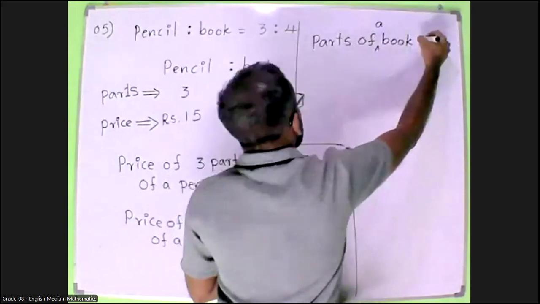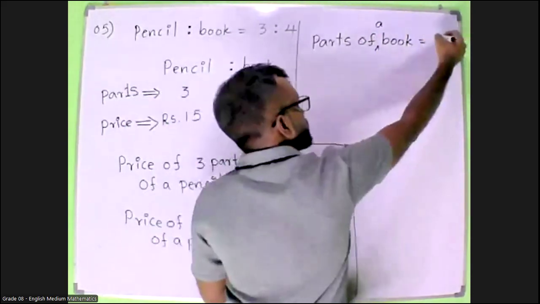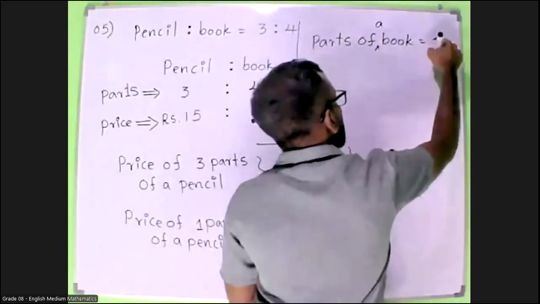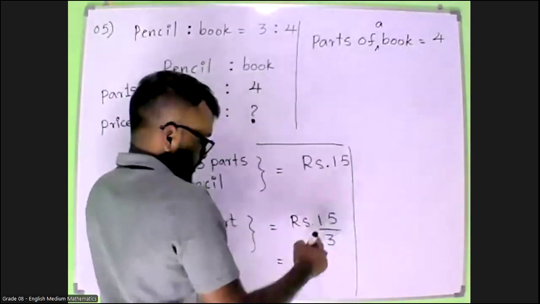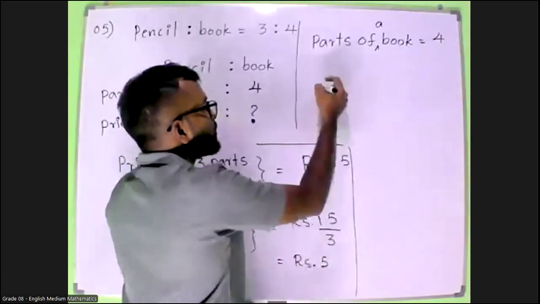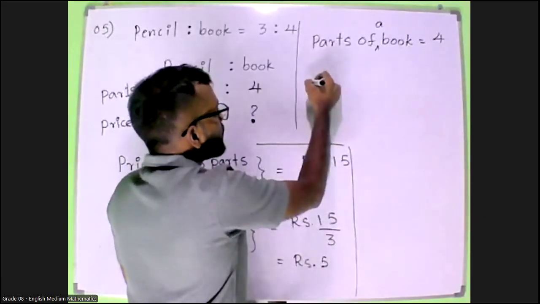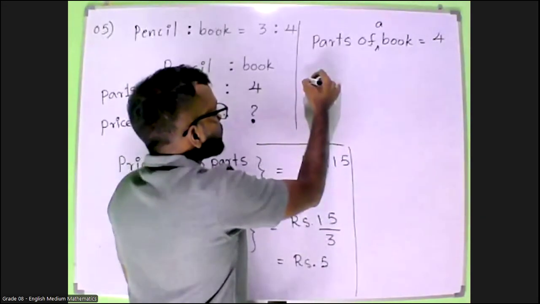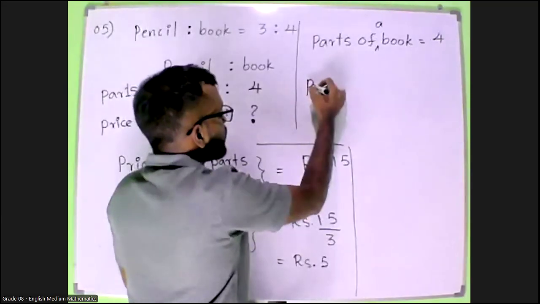We have 4 parts. Now here is the price of 1 part. We are going to find the price of a book.